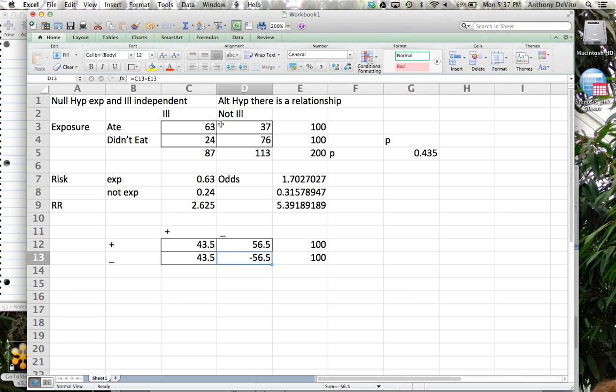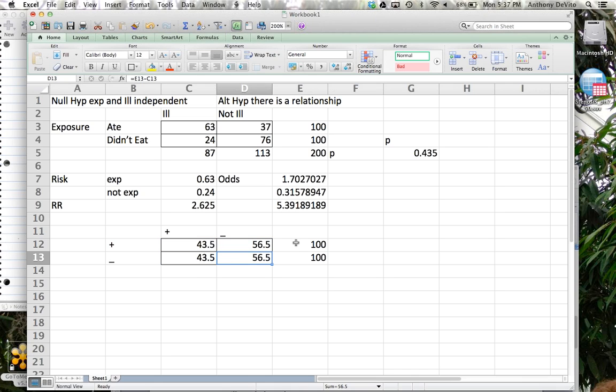Let's rearrange that so I get rid of that number. Good. Okay, I got the same numbers here for the exposed and the unexposed groups.